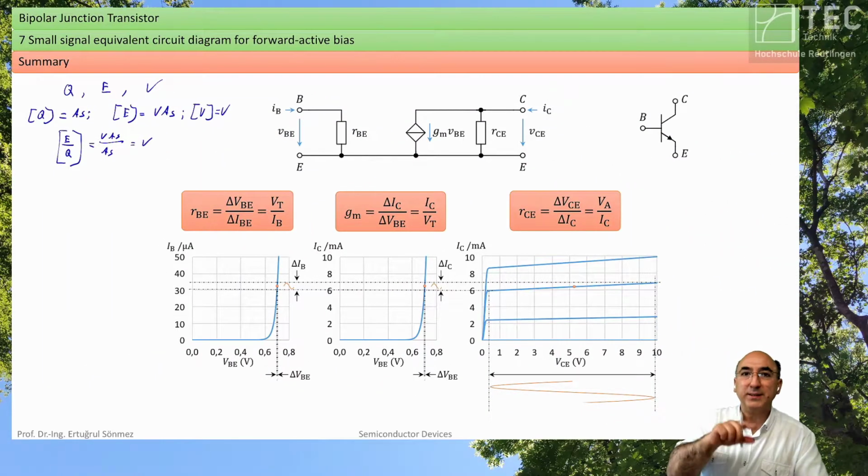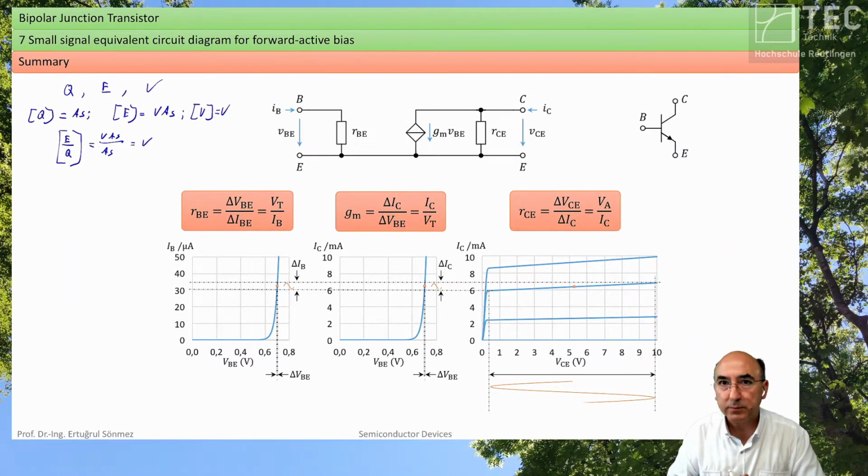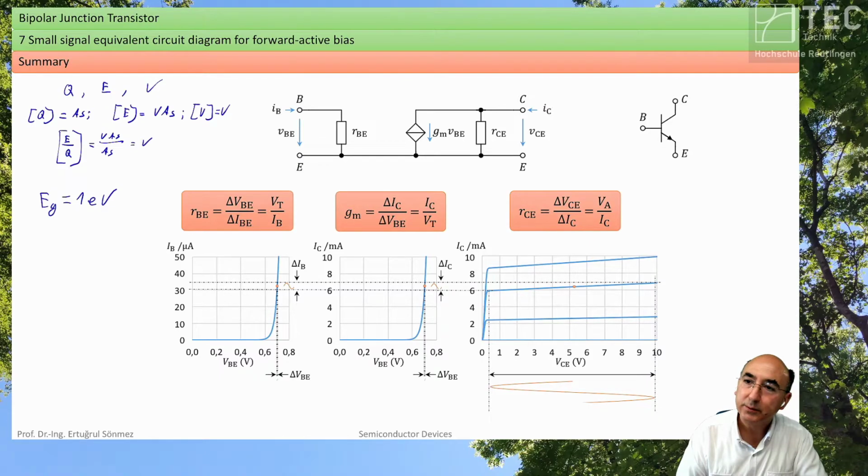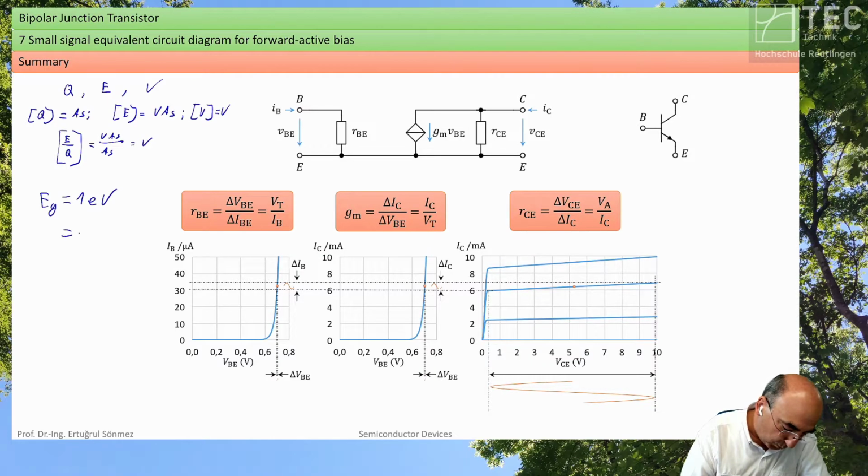And therefore you can say electron volt. So you can say the band gap is 1 electron volt. That means in standard units, it is 1.6 times 10 to the power of minus 19 ampere second as a charge times voltage.